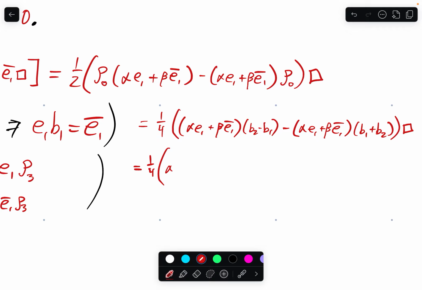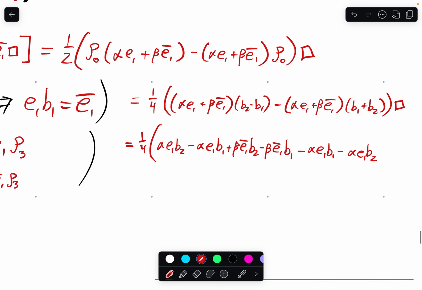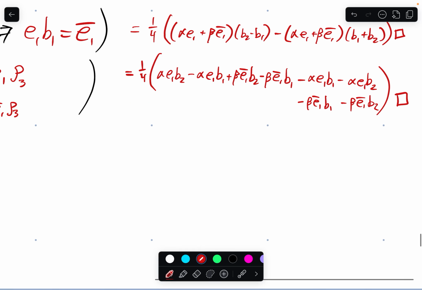I'm going to get alpha E1 B2 plus alpha E1 minus B1, and then plus beta E1 bar B2 minus beta E1 bar B1 minus alpha E1 B1 minus alpha E1 B2, then minus beta E1 bar B1 minus beta E1 bar B2, all of this times box.